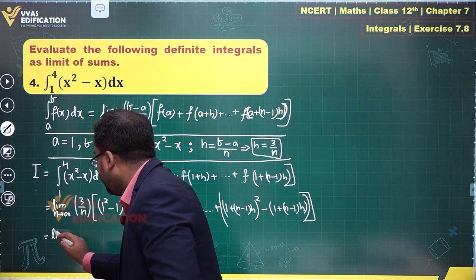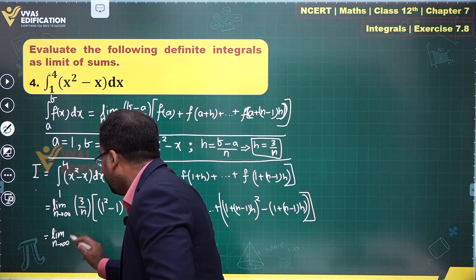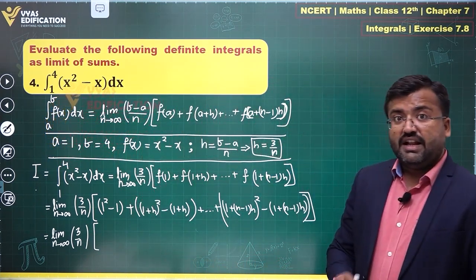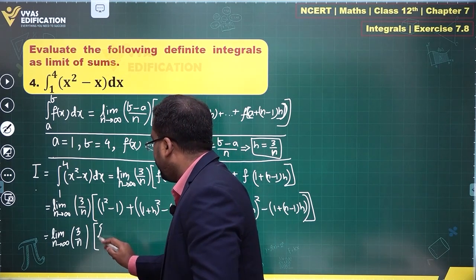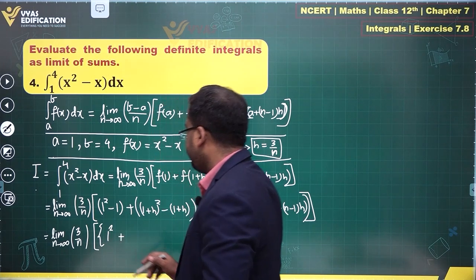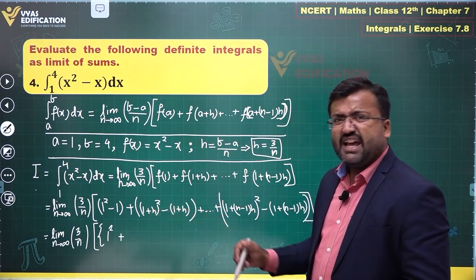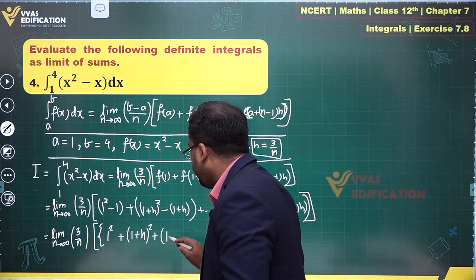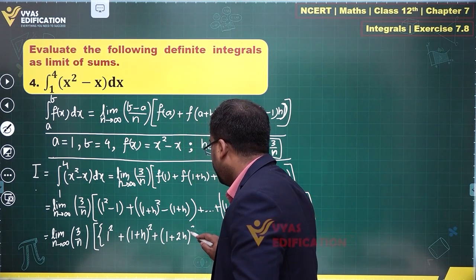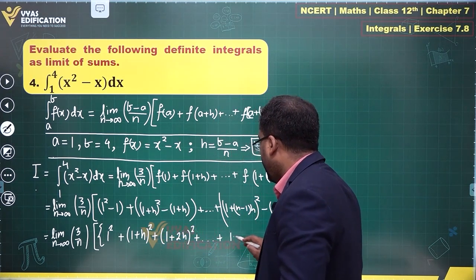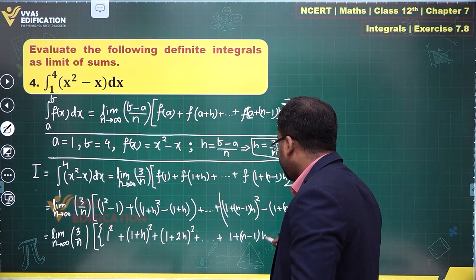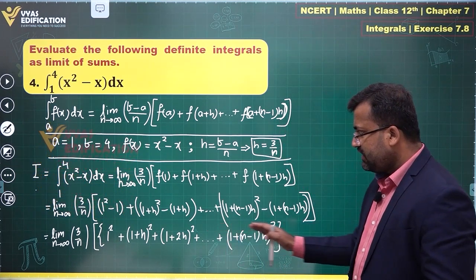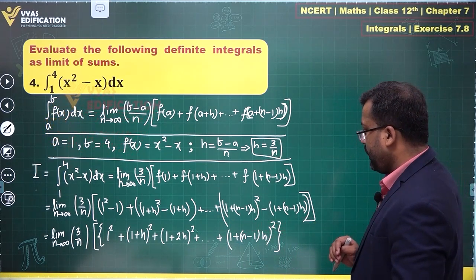This is equal to limit n tends to infinity 3 upon n in the bracket. Let me club together the terms having square. So this is 1 square plus (1 plus h) square plus the next term (1 plus 2h) square, plus similarly this term will be (1 plus (n minus 1)h) and its square. Curly brackets closed, right? I have clubbed together the terms having square.